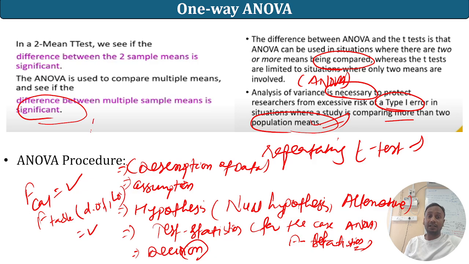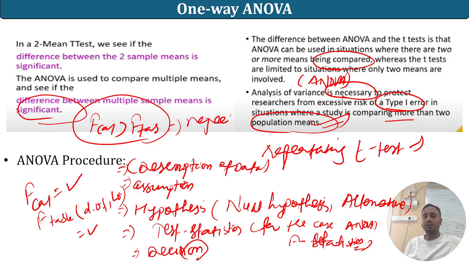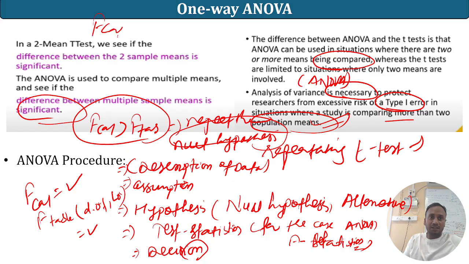If calculated is greater than tabulated, we reject the null hypothesis. If calculated is less than tabulated, what do we do? We don't have enough evidence to reject the null hypothesis.